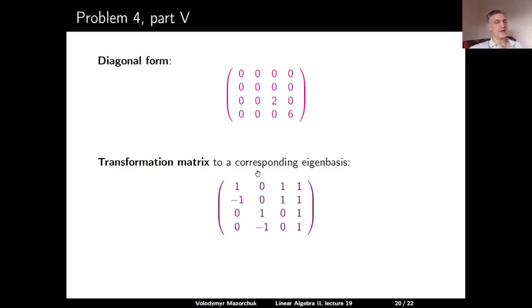These are the eigenvectors for the eigenvalue 0, which are in the first and second position on the diagonal in the diagonal form. Then the third column is (1, 1, 0, 0). This is the eigenvector for the eigenvalue 2. And the last column is (1, 1, 1, 1). This is an eigenvector for the eigenvalue 6. And this completes problem 4.